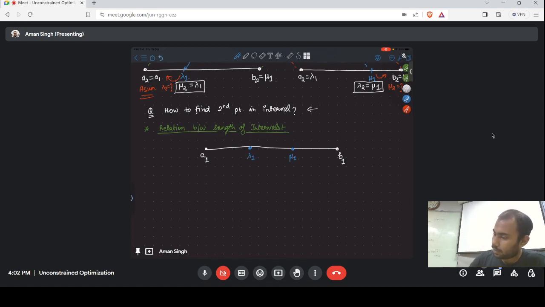So let's say in the first case this gets selected, or I mean the values were such that this became the next interval. This is A2, B2, and this is lambda 1, which is actually mu 2, correct?